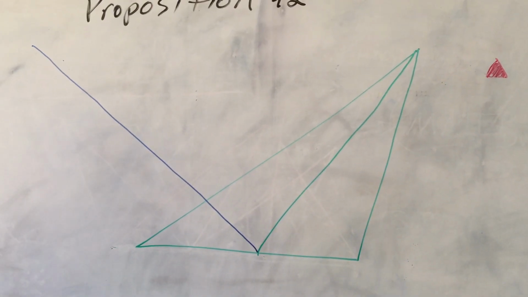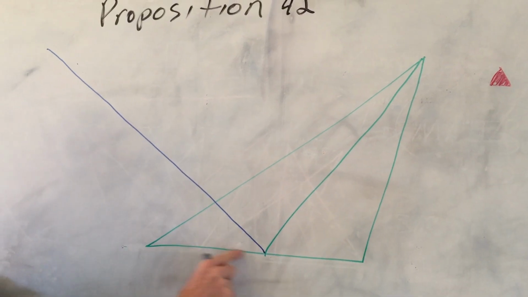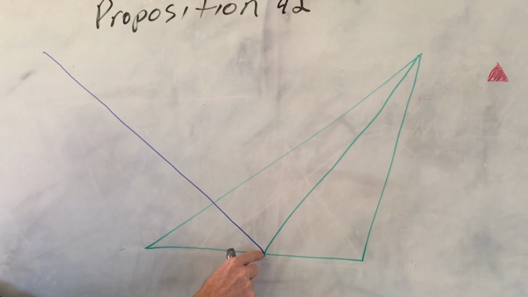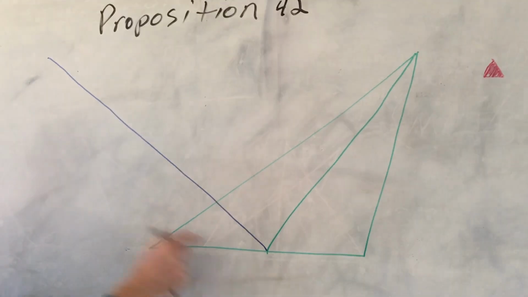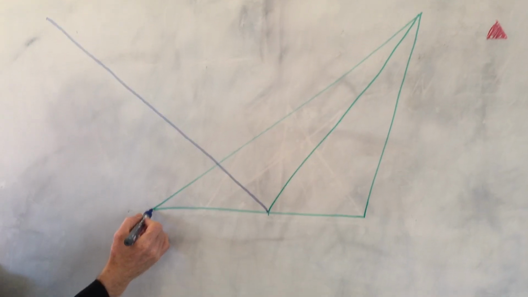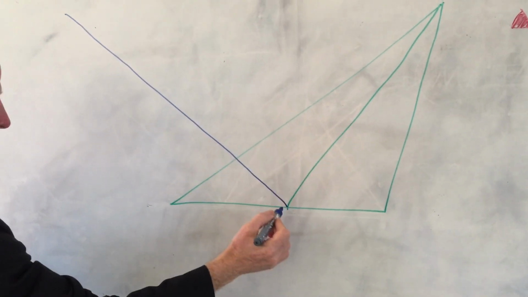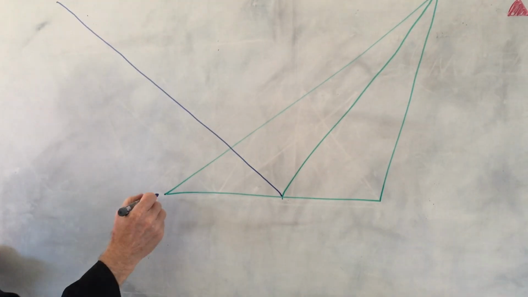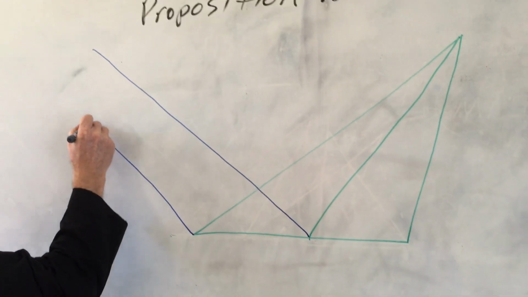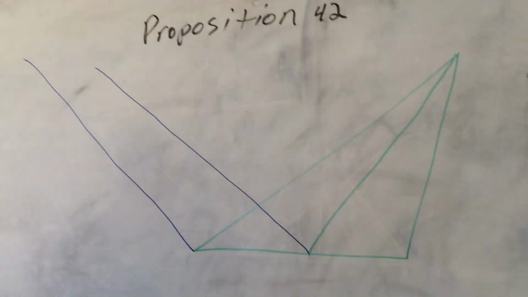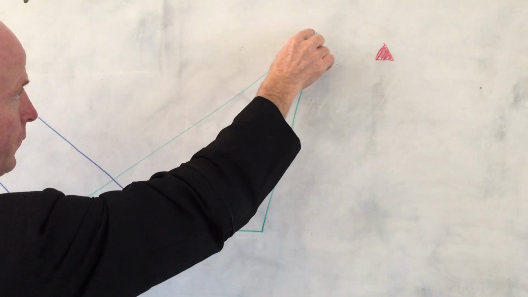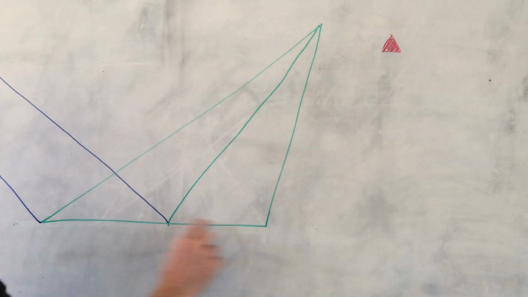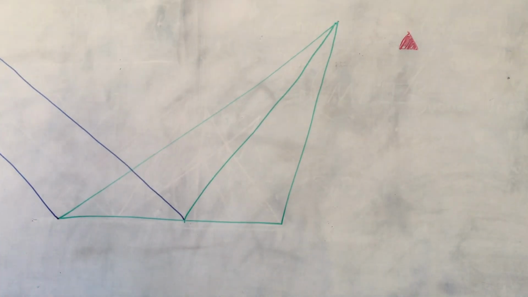Okay? And then let's, from a point which is not on that line, draw a line parallel to a given line. Okay? Let's do the same thing over here. From this point, let's draw a line parallel to this line. Okay?